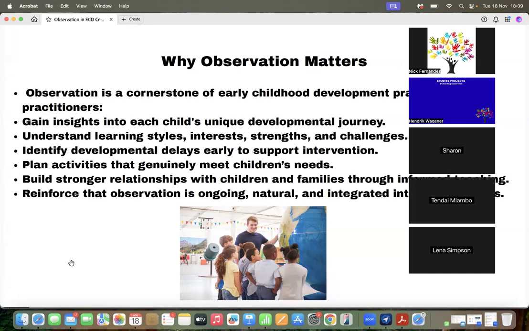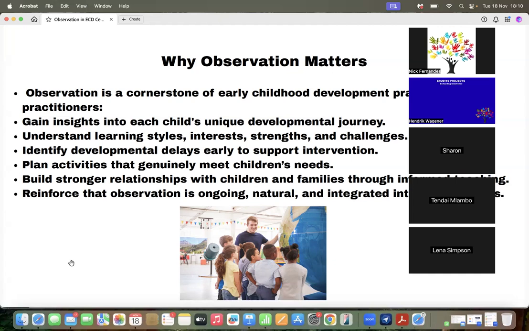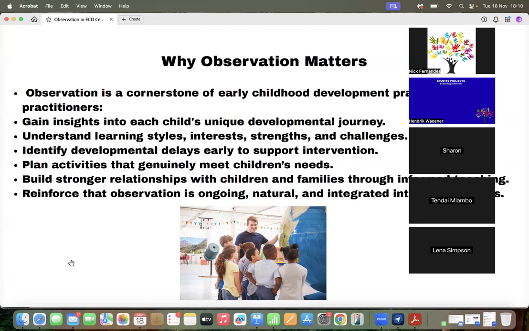Observation will help you as a teacher to identify the children that have problems in class, and then you will find a way to help the child, something like that.